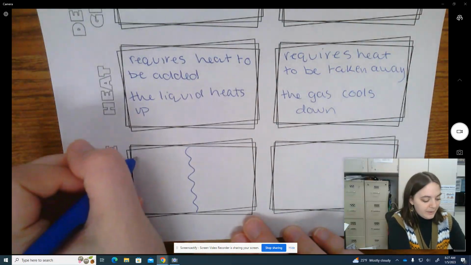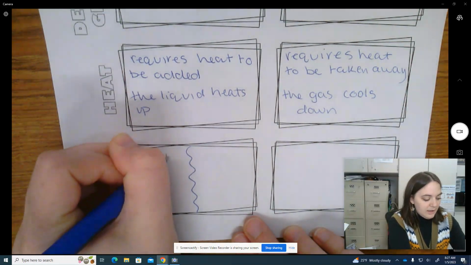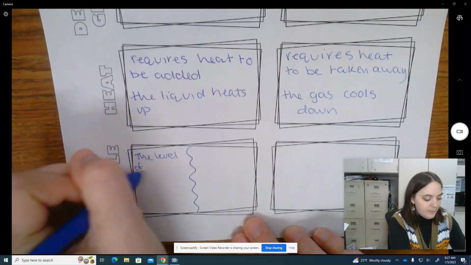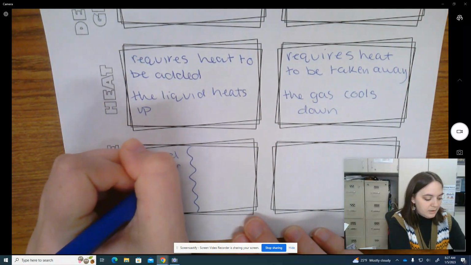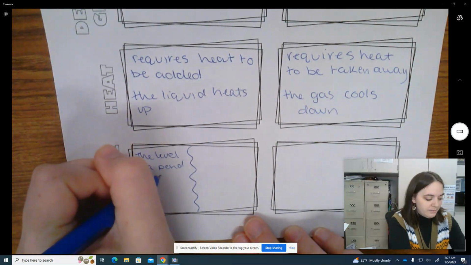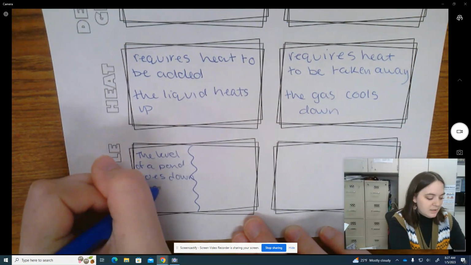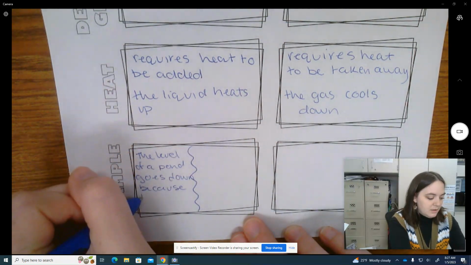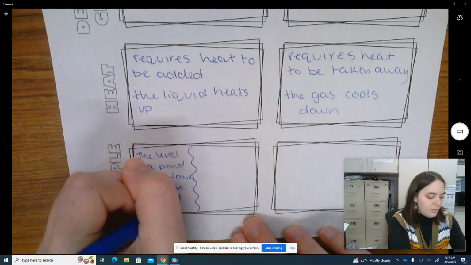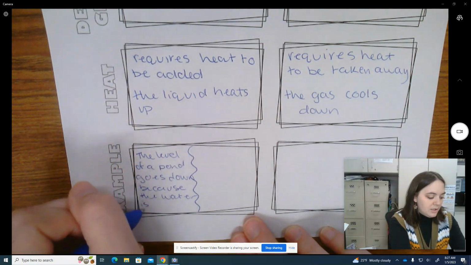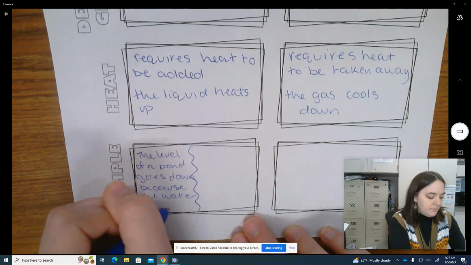So my example is when the level of a pond goes down. This is because the water is evaporating.